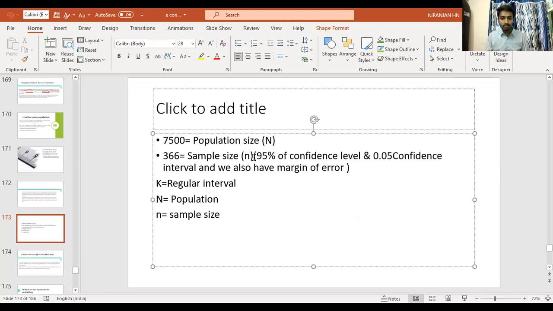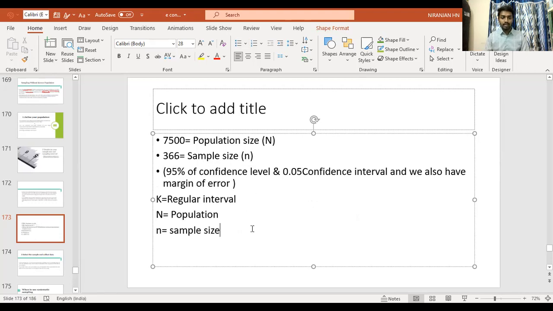Now we have to find K. K equals N divided by small n. That is K equals 7,500 divided by 366.